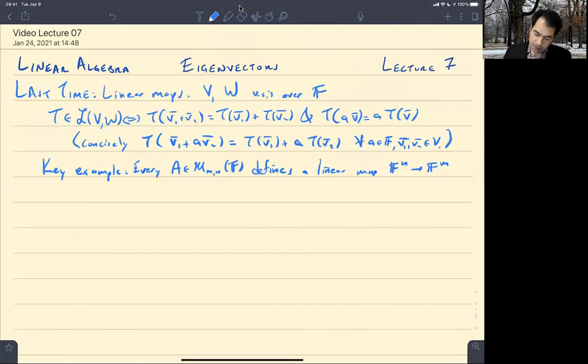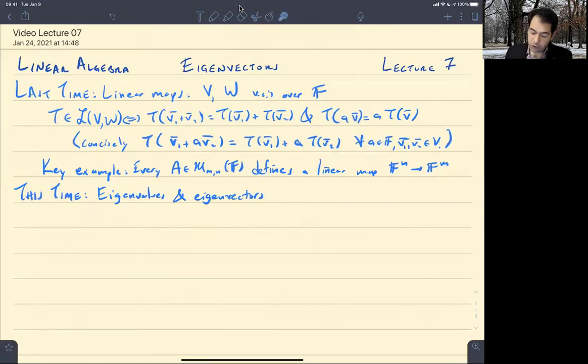Okay, so this time, we're going to talk about eigenvalues and eigenvectors. So these are going to be eigenvalues and eigenvectors of a linear map. If you've never seen these words before, they can seem a little strange.